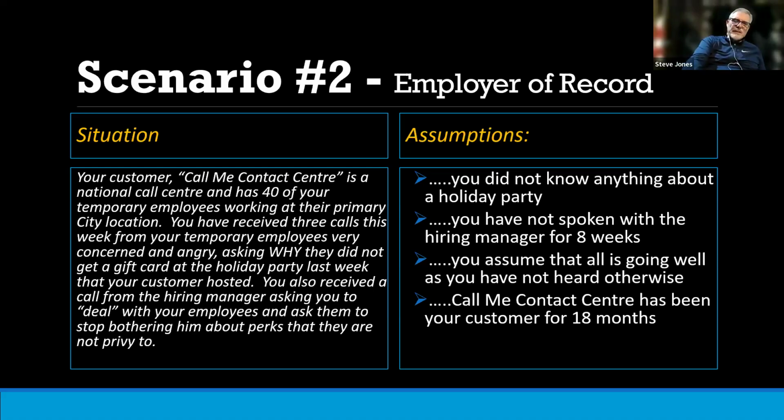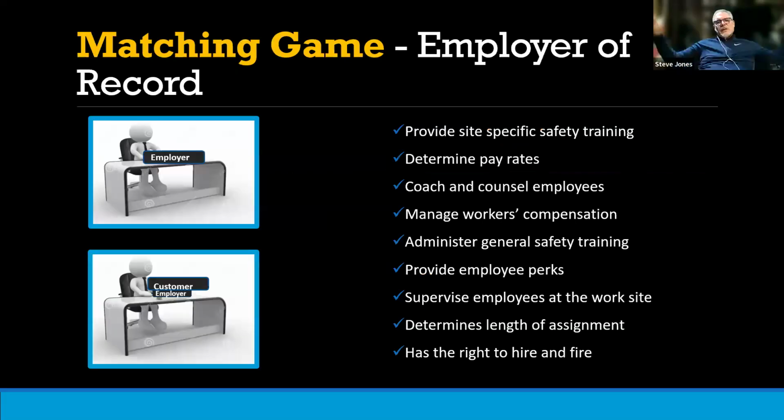And so we need to go back to our relationship with the customer, get some of this stuff in writing, and have conversations and openly delegate responsibilities of what we call a co-employer or a two-employer or a tripartite employment relationship.